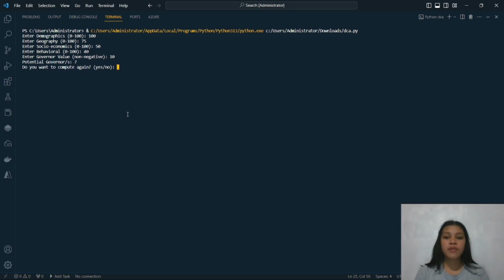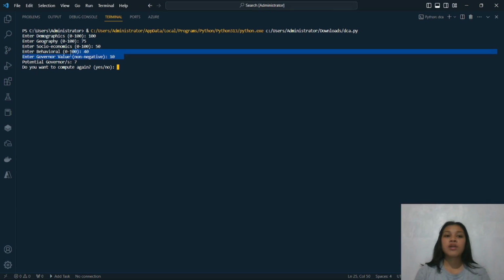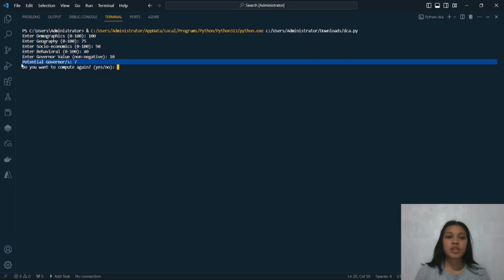So the sum of the factors 100, 75, 50, and 40 is equal to 265 over 400. We will get 0.6625, and multiplying it by the governor value, which is 10, we get 6.625, which is rounded up to the potential governor 7.